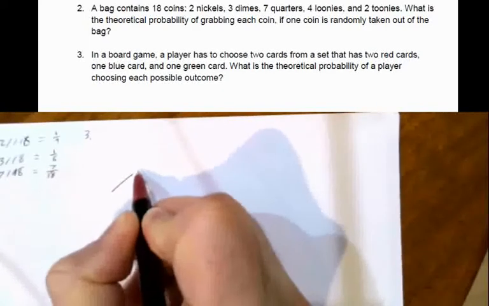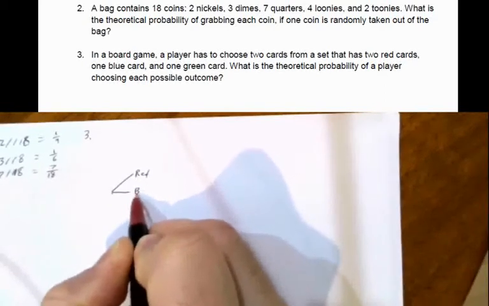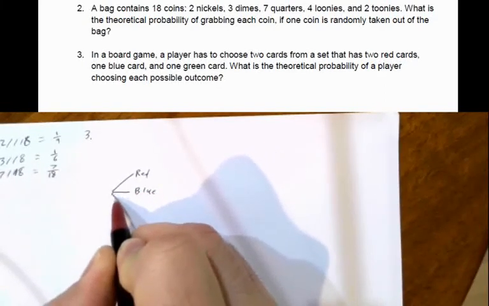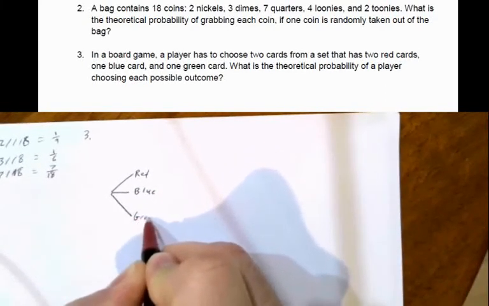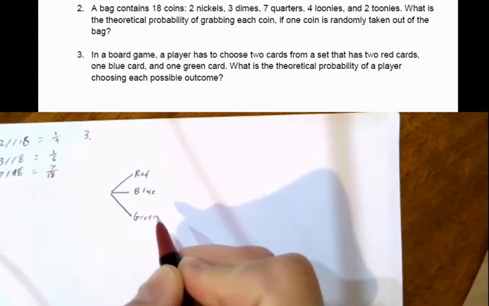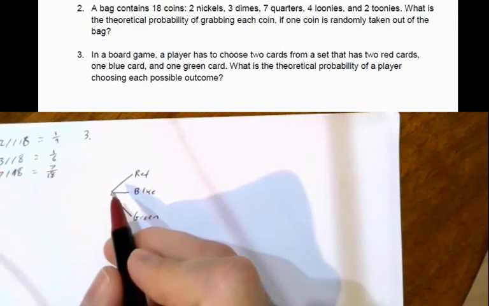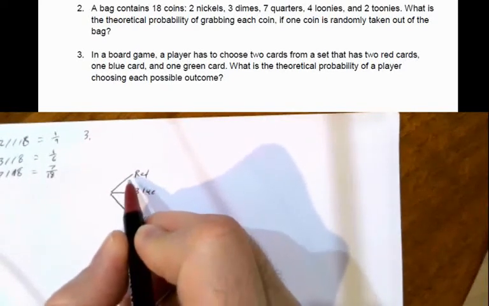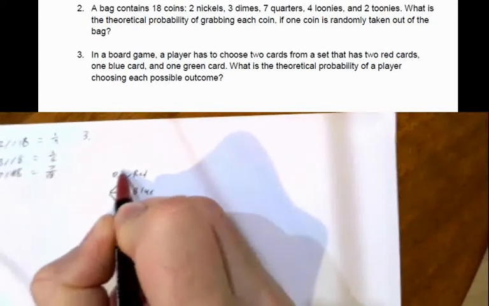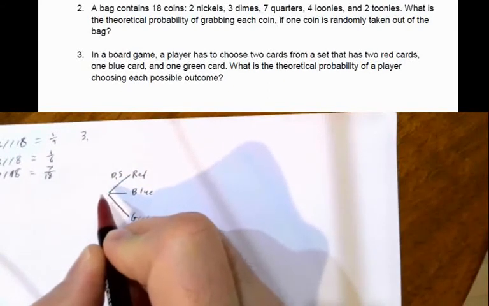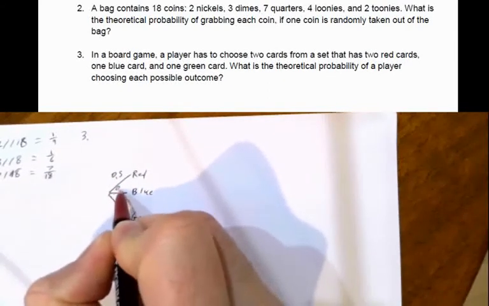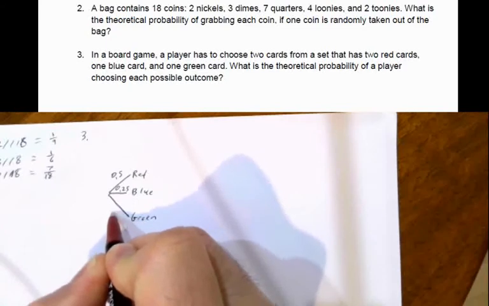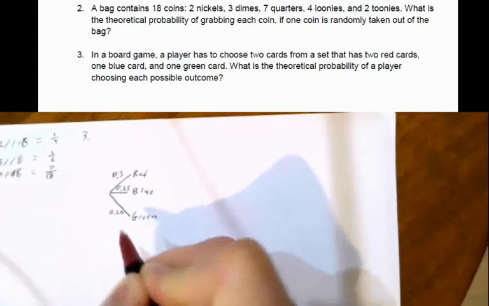I could get a red card, I could get a blue card, and I could get a green card. Now the probability of these are, there are 2 out of 4 for the red, which is a 50% chance. So I'm just going to write a 0.5 above that. A blue, there's 1 out of 4, so that's a 25% chance, and the green has a 25% chance as well.